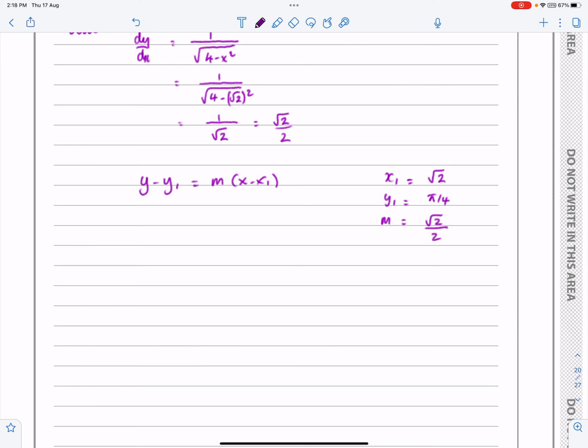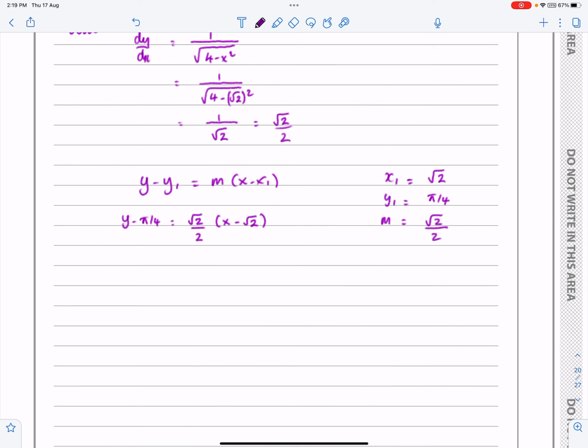And also I think I'm less likely to make a mistake subbing that all in if I've already put those values there. So we've got y minus pi over 4 is equal to root 2 over 2 times x minus root 2.